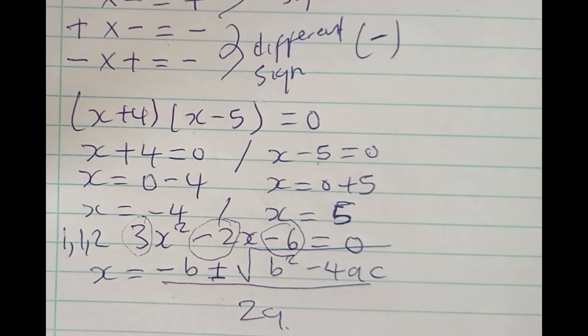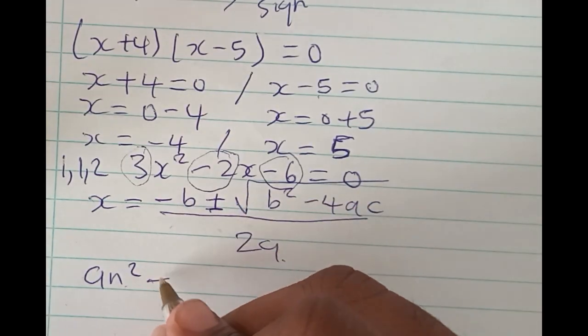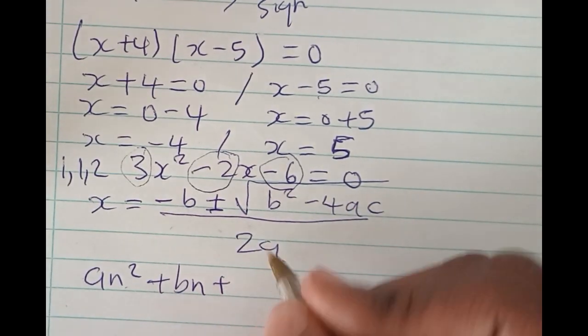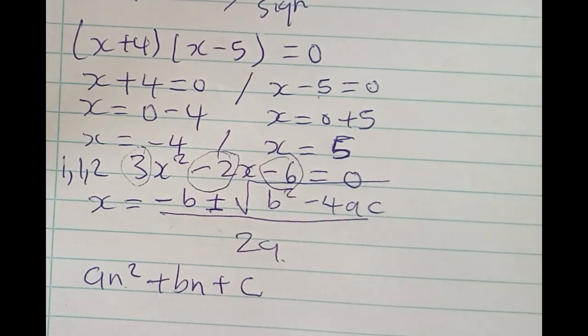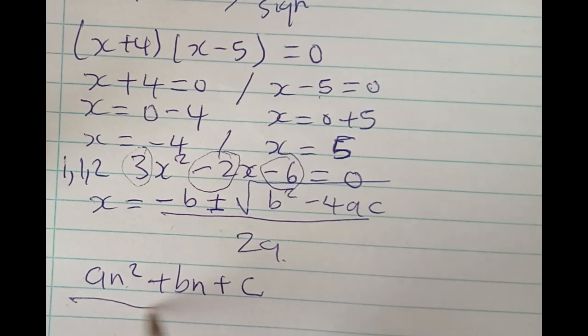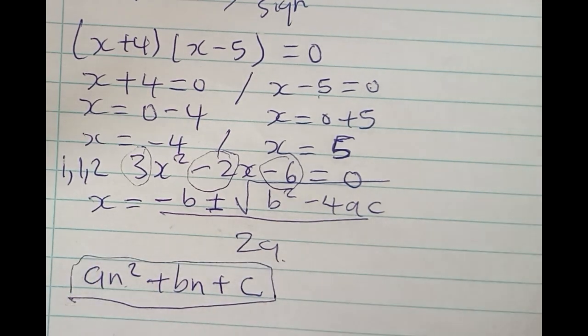Remember, when we say our trinomial is in standard form, it's like this. So our value of a is 3, our value of b is negative 2, and our value of c is negative 6. So we'll have to substitute it. Here I was only showing you; you should not write this on your answer sheet.